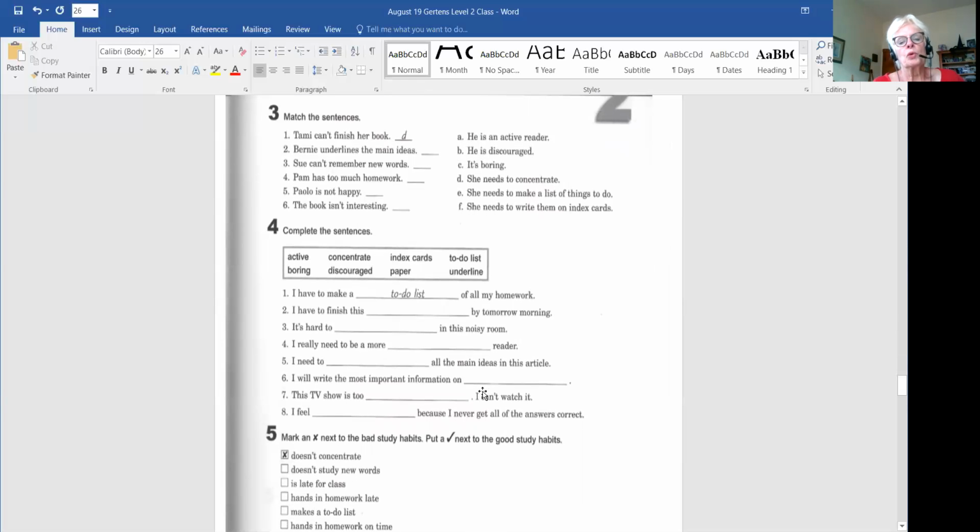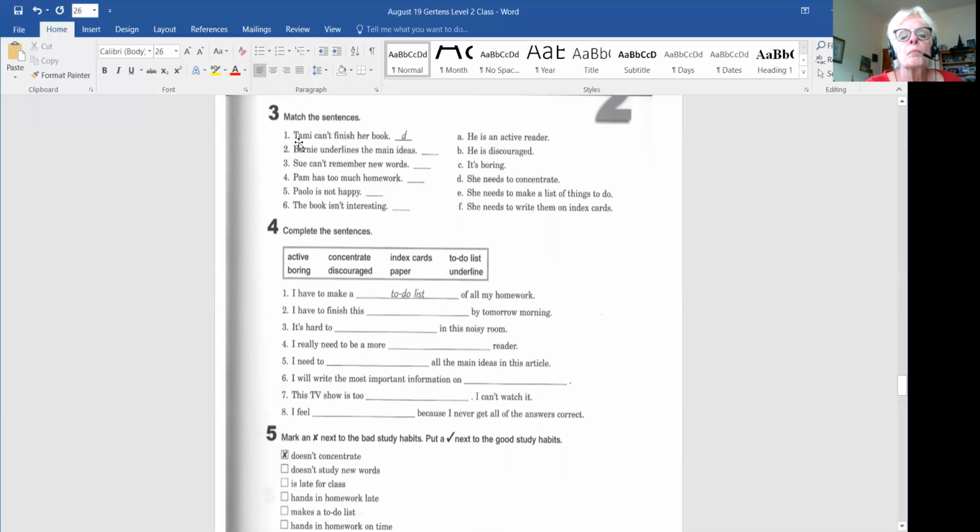And then we did matching and more sentence completion. Let's go ahead and do matching. Tammy can't finish her book. Which of these goes with that sentence? A, B, C, D, E, F. You took some time to read them, and we decided D. Tammy can't finish her book because she needs to concentrate.